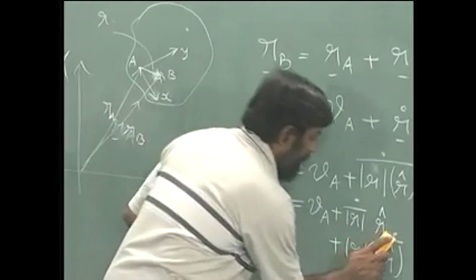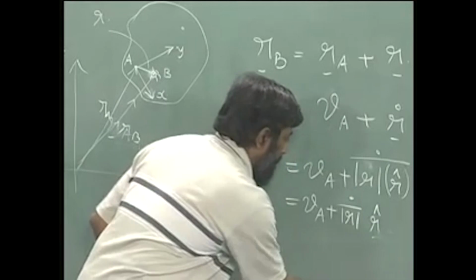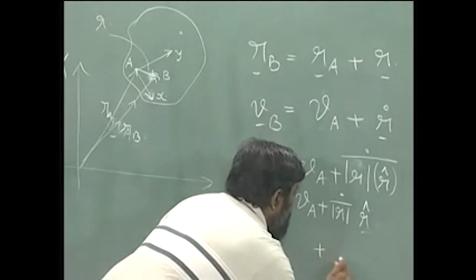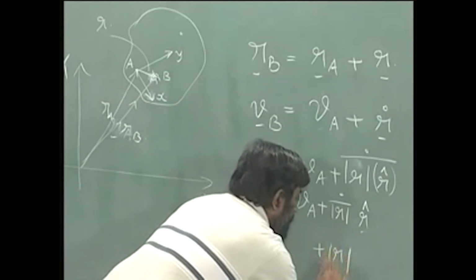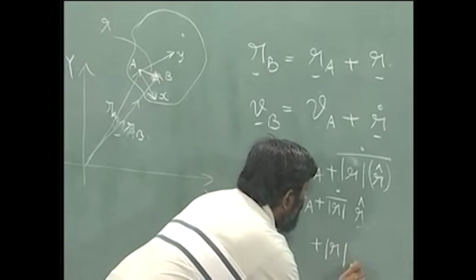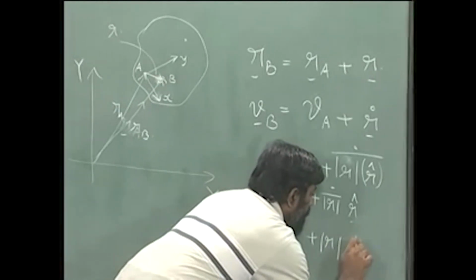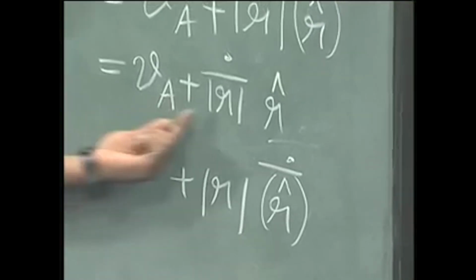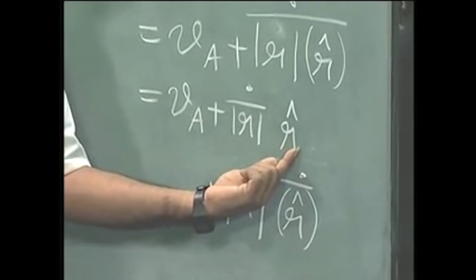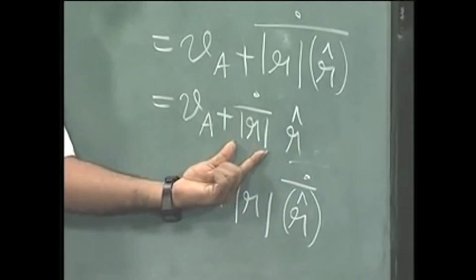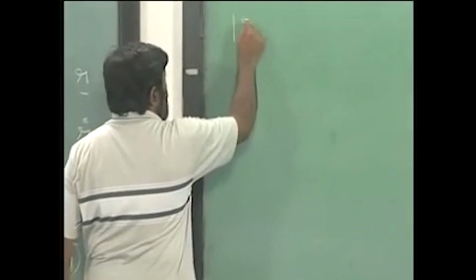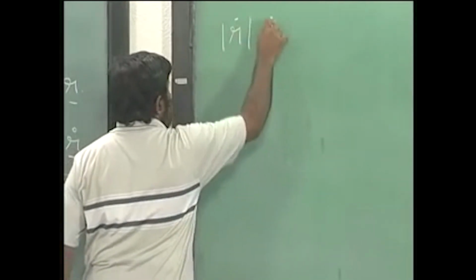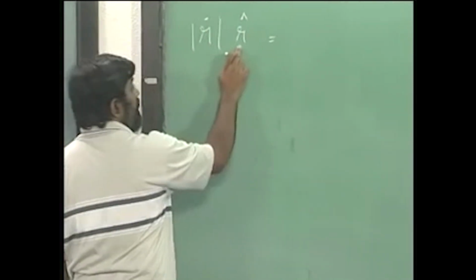Let me just write it a little differently, plus R magnitude times R cap dot. What is this? You are taking, for example, if I am doing this, it is nothing but, what is this?